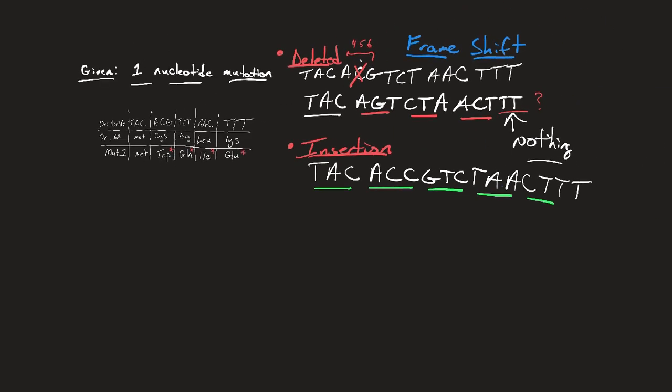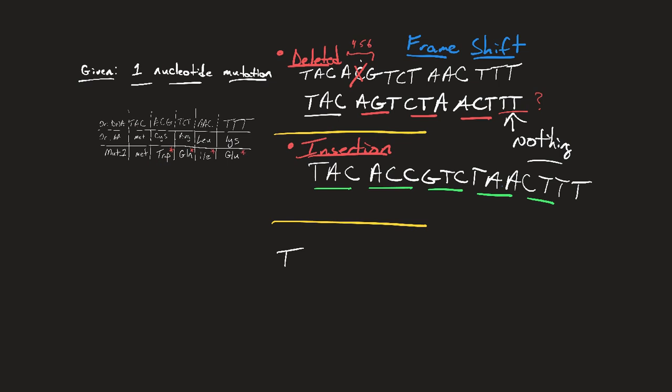Now, what if I substituted one? What if I just changed? Let's do that. So there's my deletion, there's my insertion. Now what if I changed one? So I'm just going to change it here at the first time I notice a difference, right?